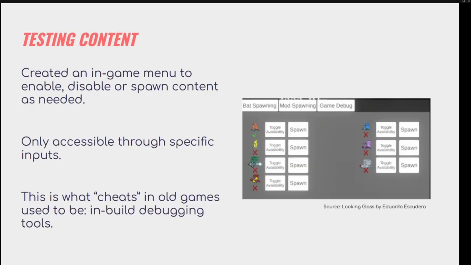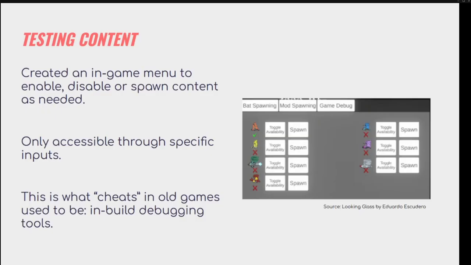Same for power-ups and power-downs. You could toggle their availability in general or force their spawn so you could test them. And then you could debug some other stuff. We debugged our achievements. We locked the frame rate to make sure that our input was properly working. There was a bunch of stuff we tried testing.